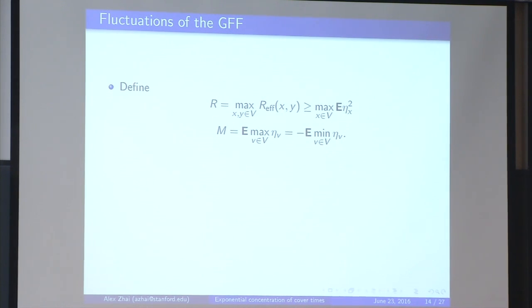So we have this R and this M, and basically, Gaussian concentration tells us that the maximum of this Gaussian process is concentrated, so it has mean M, and its fluctuations about its mean are of order at most root R. That's exactly what the Gaussian concentration inequality says.